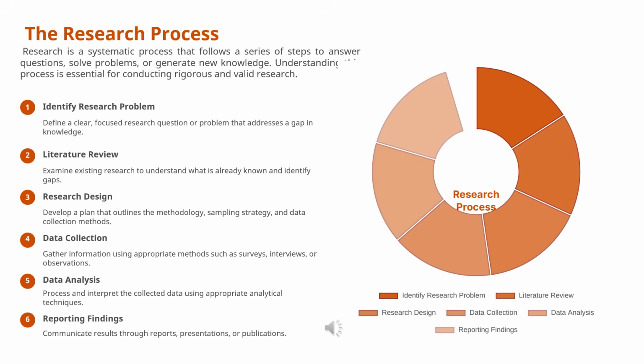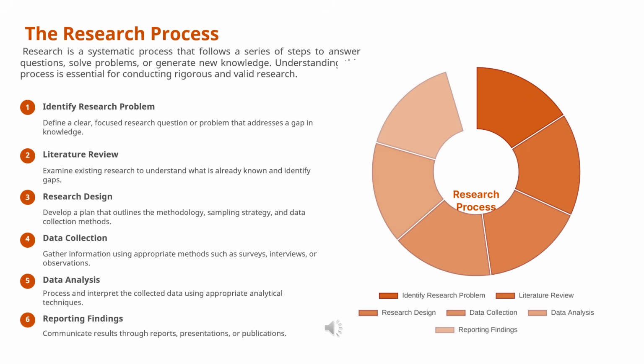Then, second, you need to conduct a thorough literature review. And in our earlier lectures, we discussed the various literature reviews, and we also discussed what differentiates a real literature review from a summary. So in the literature review, you are expected to examine existing research so as to determine what is already known and identify the research gaps, that is what is not known.